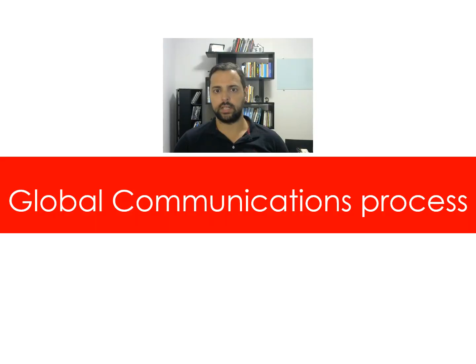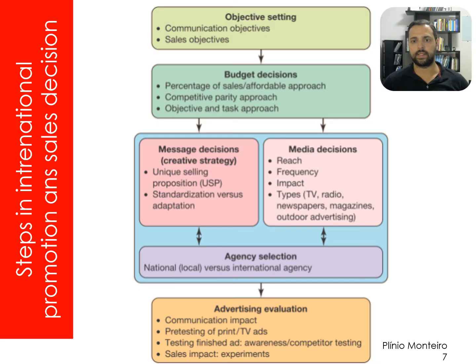With these challenges and the general communication process in mind, we need to set the steps for delivering our global marketing campaigns. What are these steps? This is a brief of the general process for delivering an international marketing campaign.